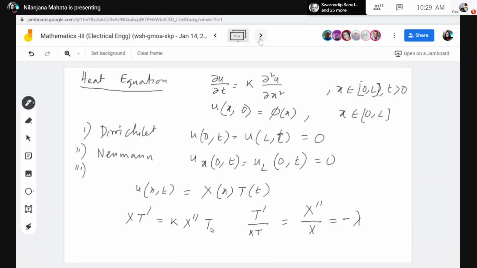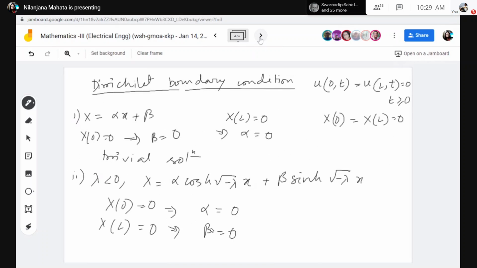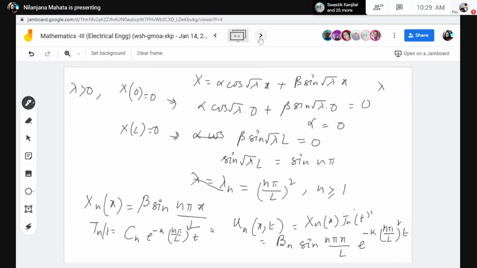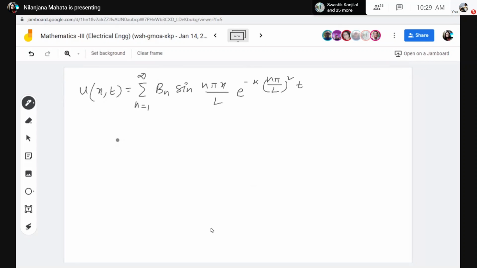So now we will apply this: u(x,0) is equal to the sum of b_n sine n pi x by l, because putting t equal to 0, that exponential term won't occur. This is given by phi(x).